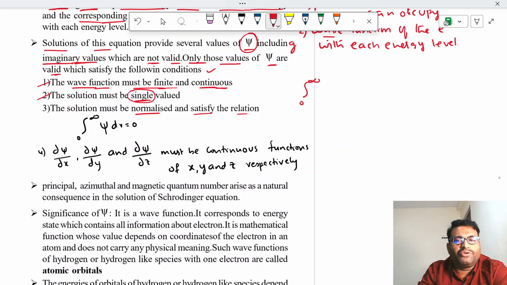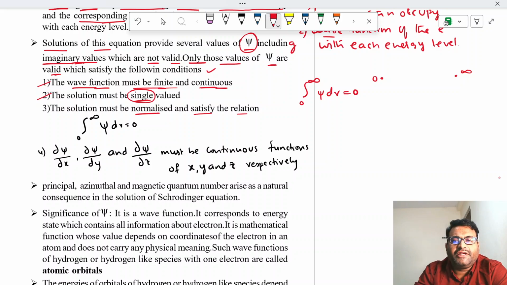What is that relation? Integration 0 to infinity psi squared dr is equal to 1. What does this represent? It represents that the probability of finding the electron will be between 0 and infinity. It will not be present at the center of the nucleus. It will not be present at infinity.